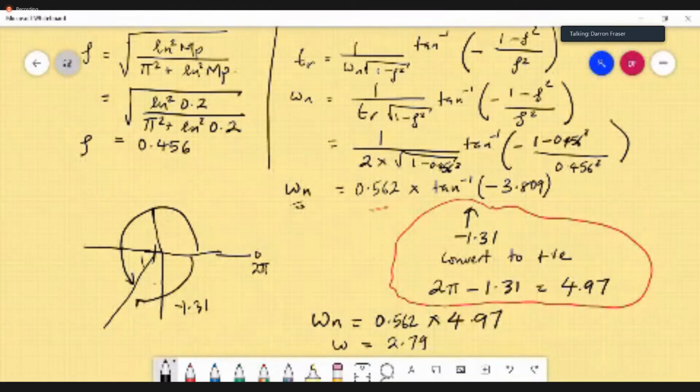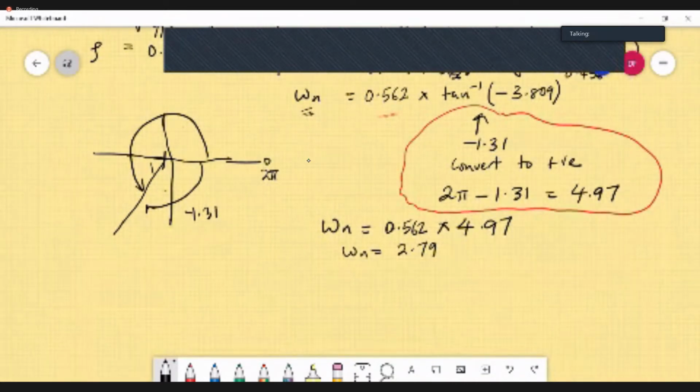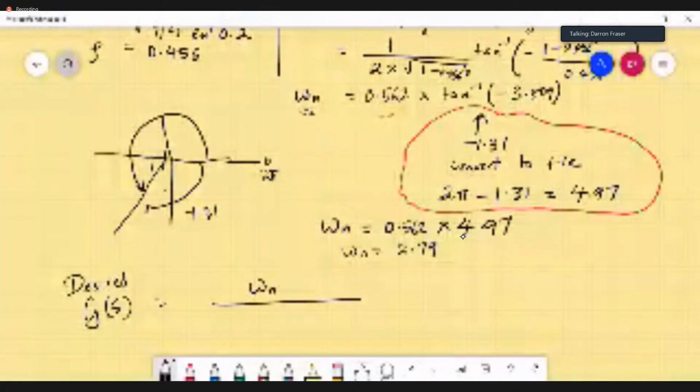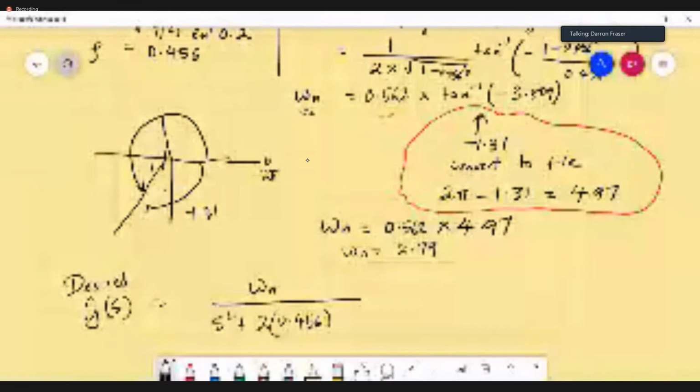All right, so now our desired transfer function is omega n over s squared plus 2 times 0.456 times omega n, 2.79, s plus omega n squared.